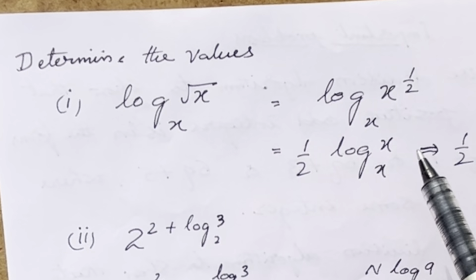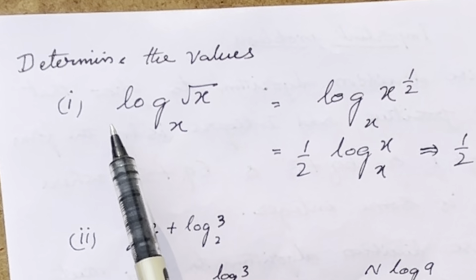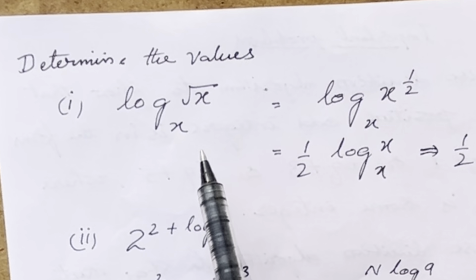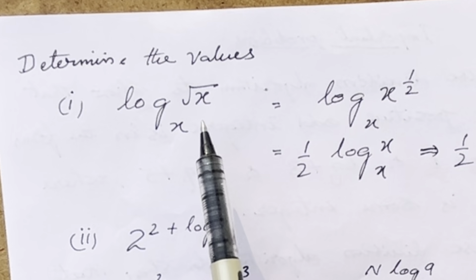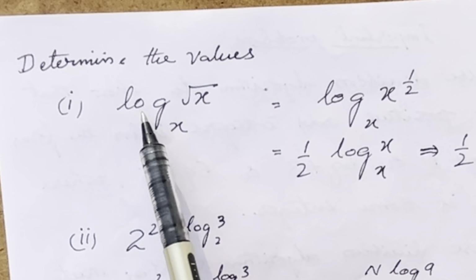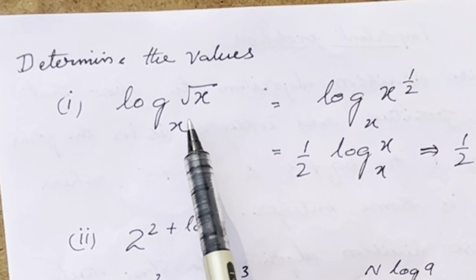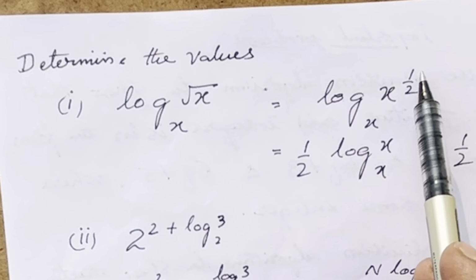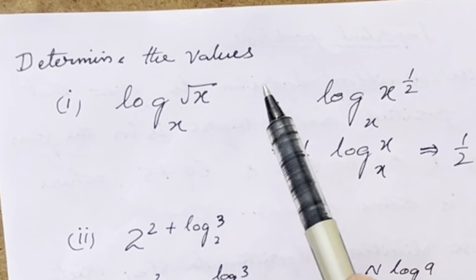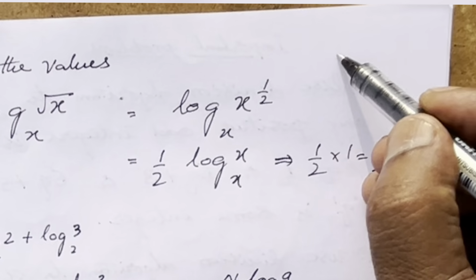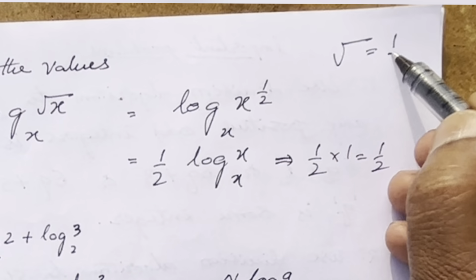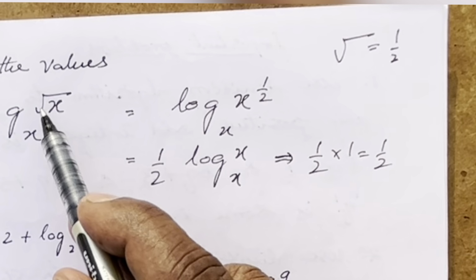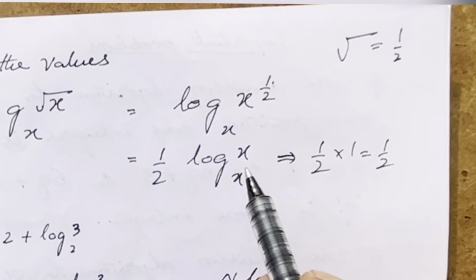Next, determine the values. Here, a few sums are there, very important ones I am giving here. How to determine the log values here. Log under root x base x is equal to log x to the power of 1 by 2 base x. That means here the root is nothing but the power 1 by 2. So I am converting this root into 1 by 2 here.